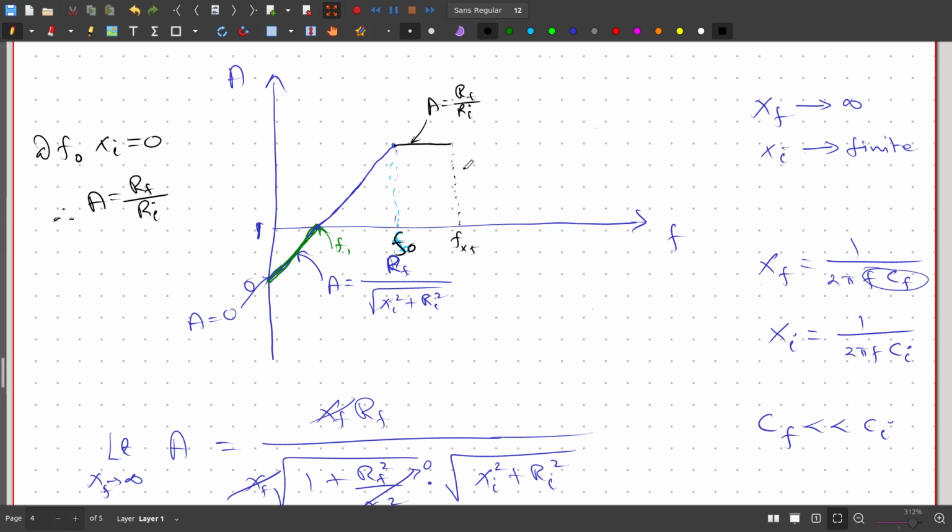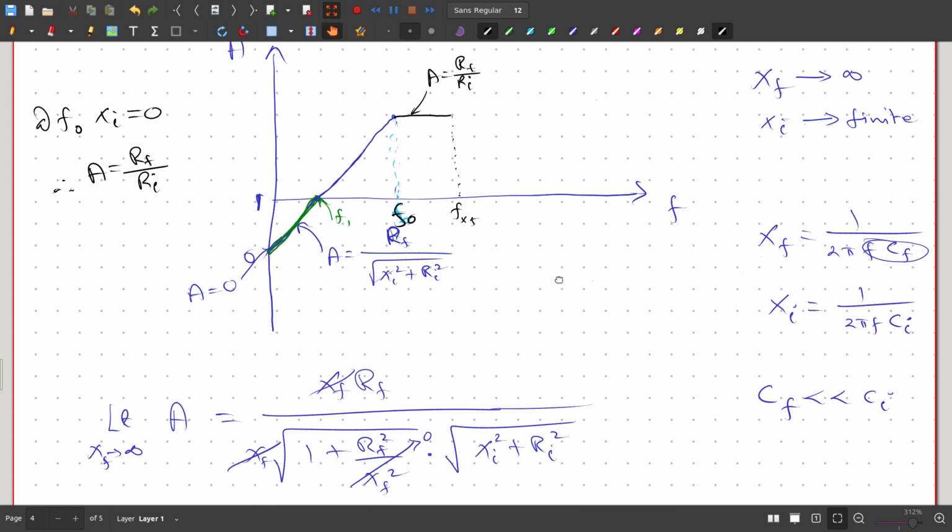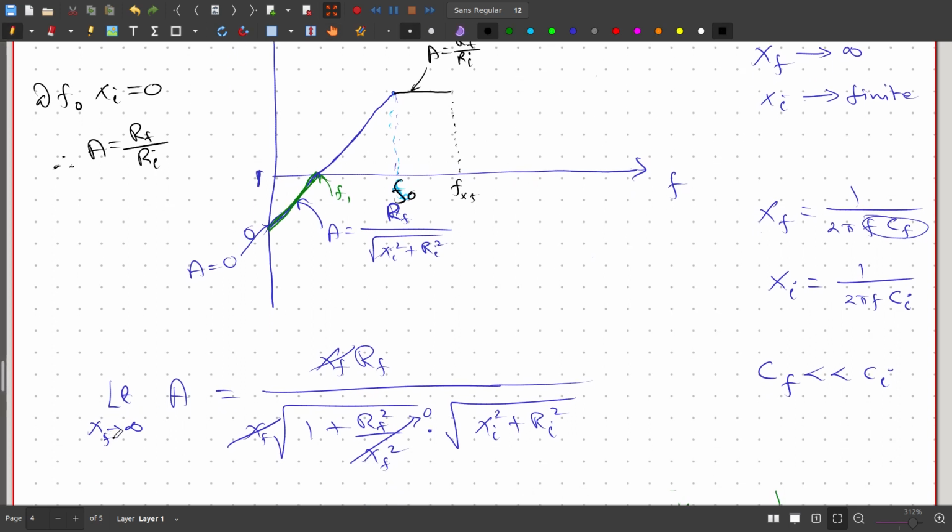Because at this frequency the Xf is no more infinity, it starts to become a very low value. It won't be a high value, it starts to reduce, for very large frequency it starts to reduce.